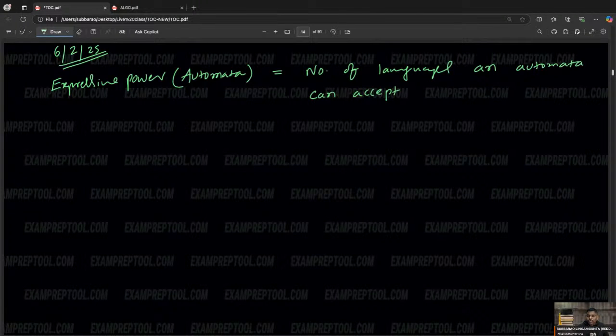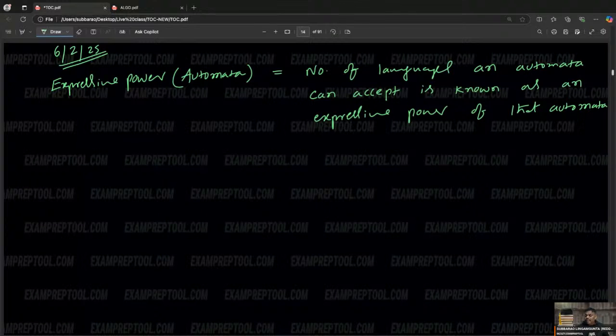The number of languages an automata can accept is known as the expressive power of that automata. So this is the expressive power definition.